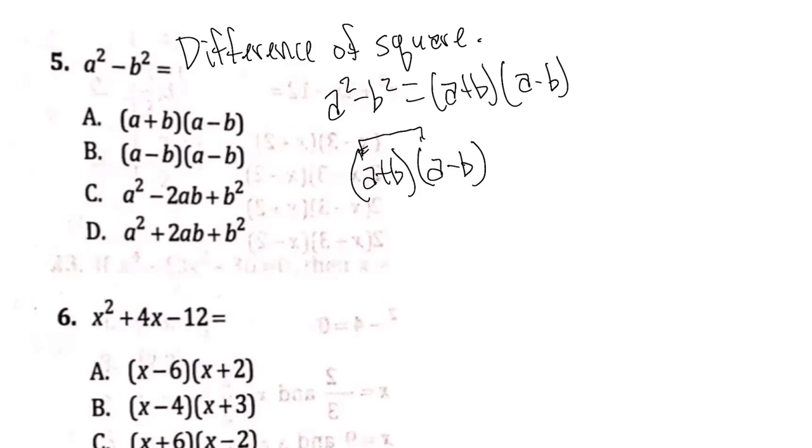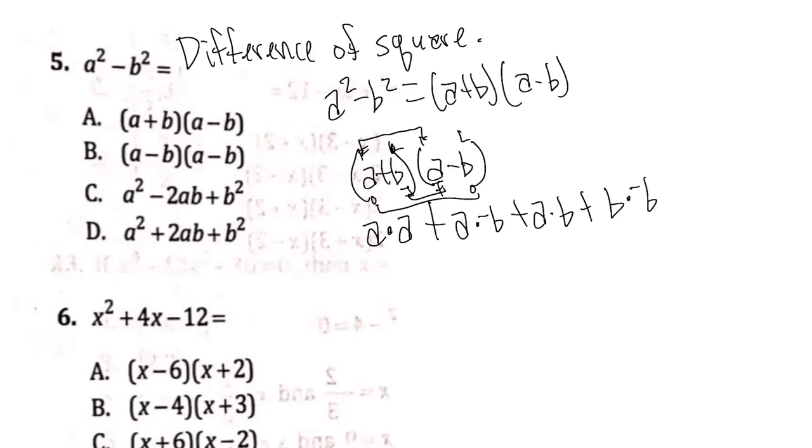These are my first ones, which is a times a, plus my outsides, which is a times negative b, plus my insides, which is a times b, plus my last ones, which is b times negative b.